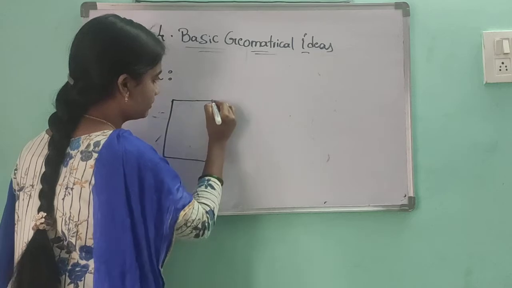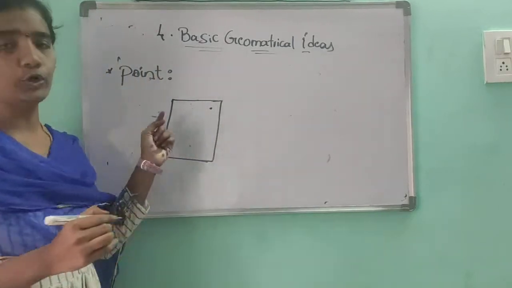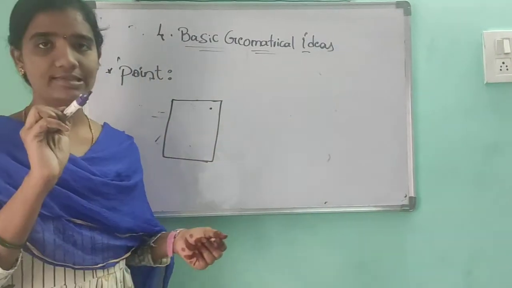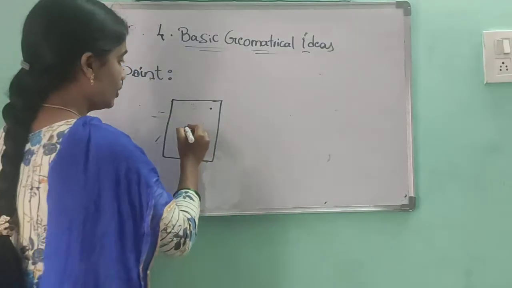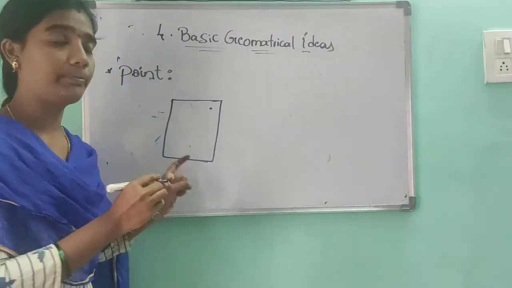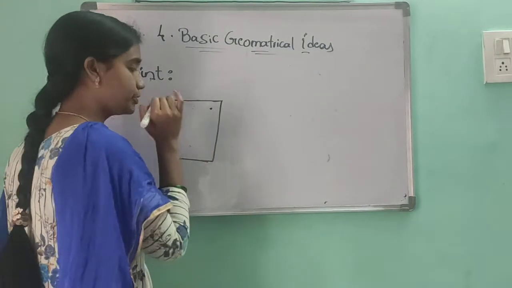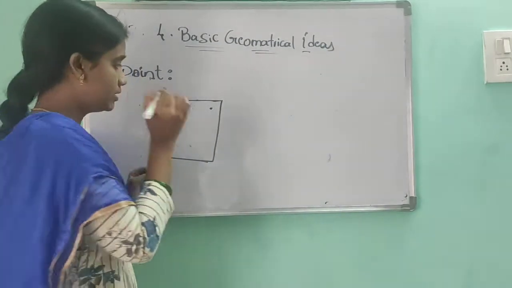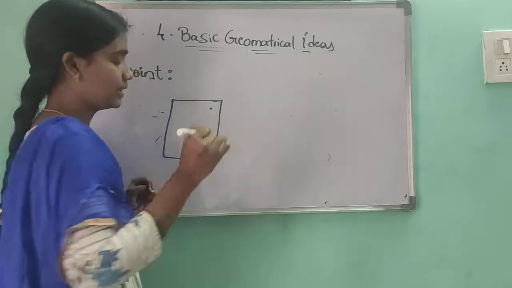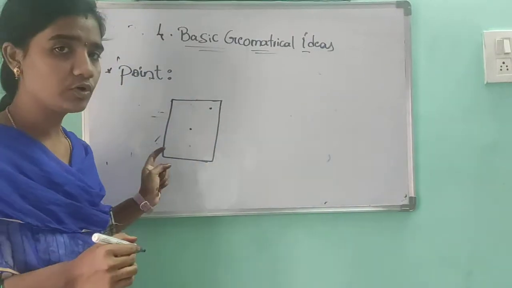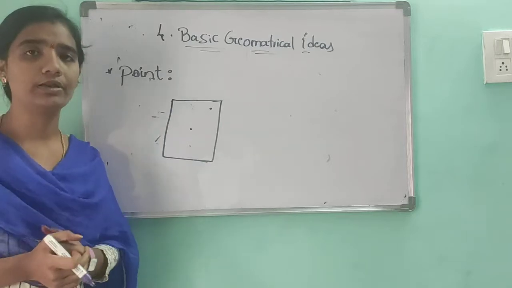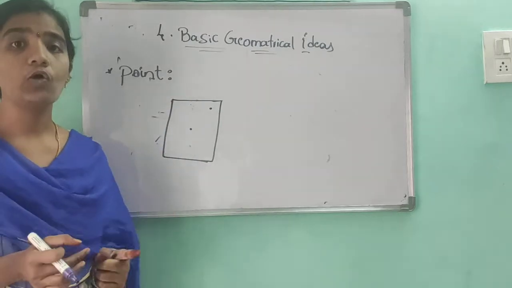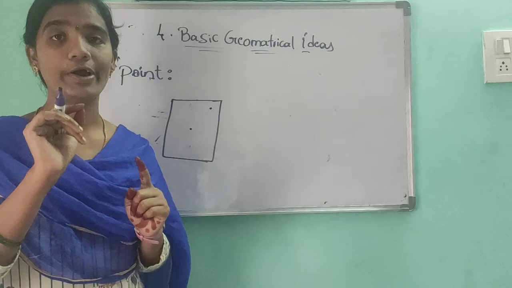Look into the paper. Take a sharp pencil and put a dot on the paper. See this dot on the paper. Now, the dot becomes a point.